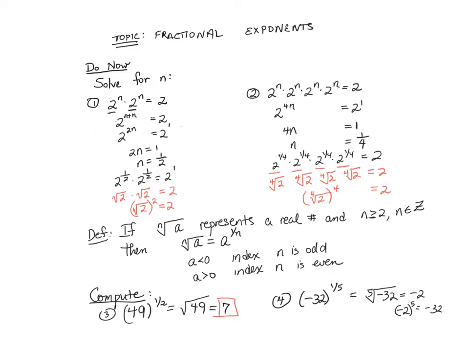All right, let's move on to the next page. All right, now let's consider this. If the cube root of 7 is 7 to the 1/3, then what does the cube root of 7 squared mean in exponential form?